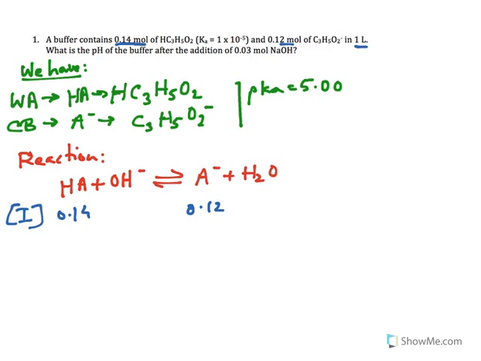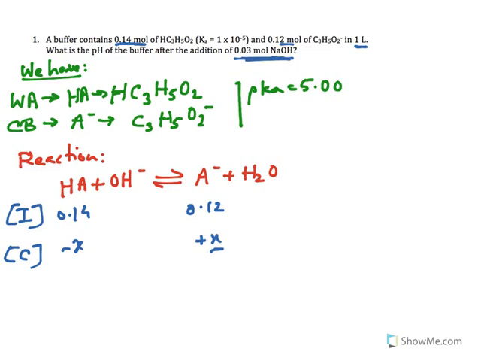Next, we have the changes. It's just going to be negative x over here, and then we're going to have a positive x on the right side of the equation. However, the value for x here is going to be the same as the amount of moles of NaOH that was added, which is 0.03 moles.